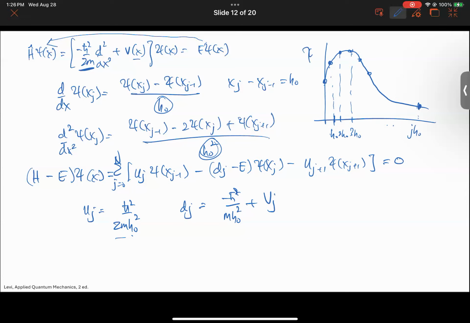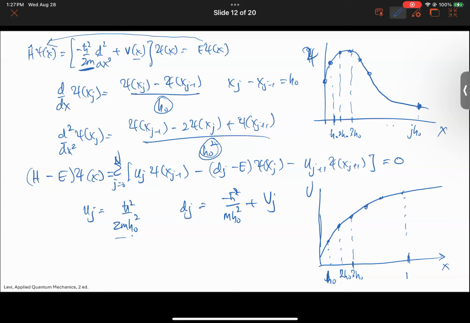So this is psi as a function of position, and your potential also has some shape, which you still discretize. This is h naught, 2h naught, 3h naught, and somewhere here is j h naught. So the Vj is also discretized, and your wave function is discretized.